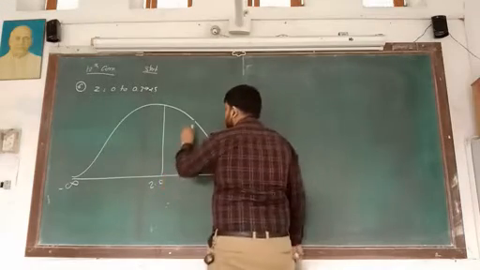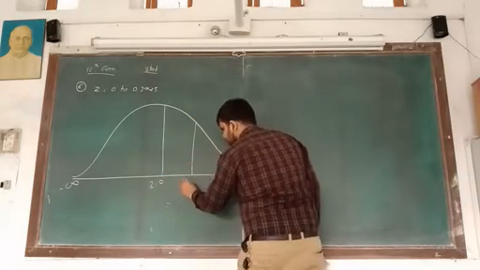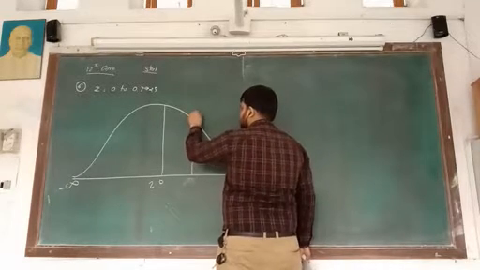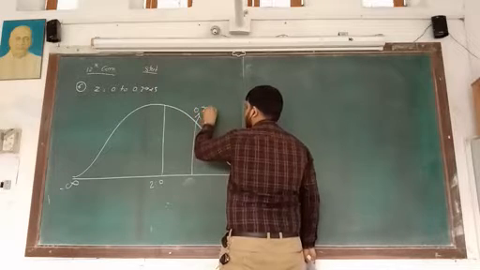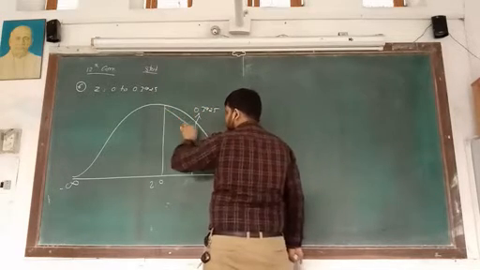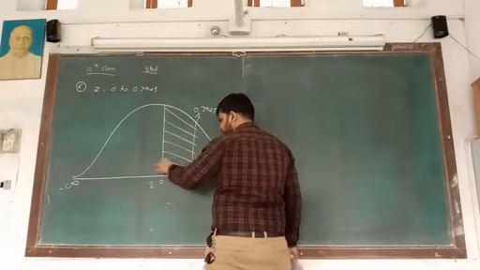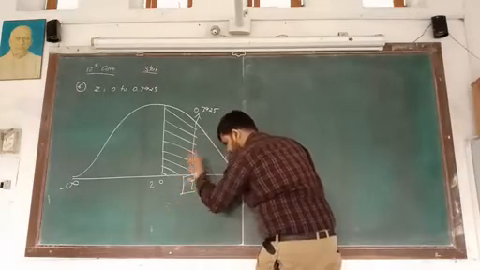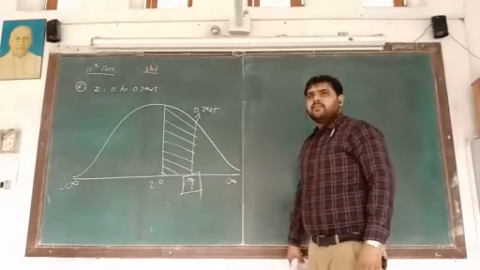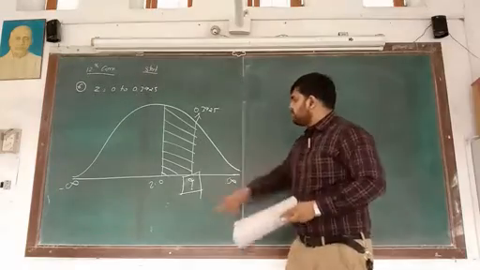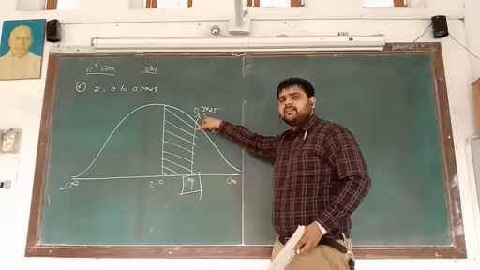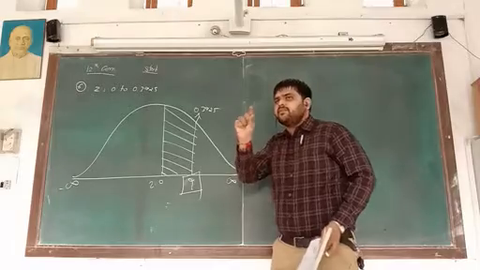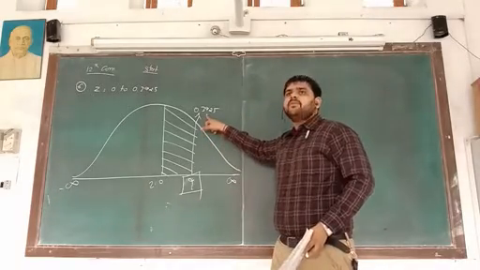So here z is equal to 0 and here 0.3925. This portion value is given. Now we have to find out this value, the exact value for which the probability is 0.3925.